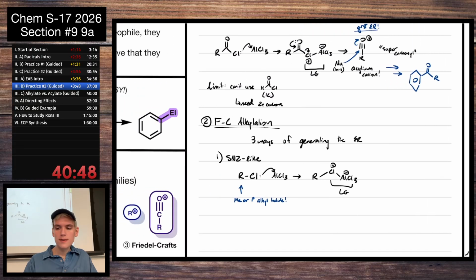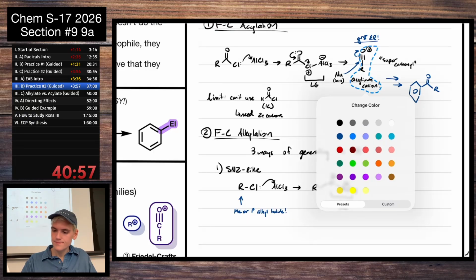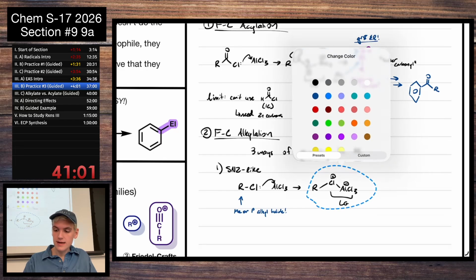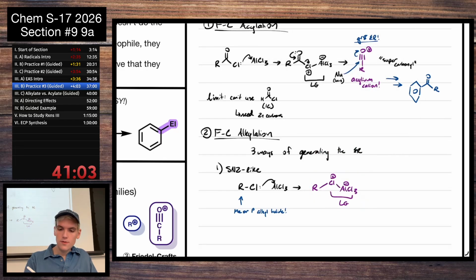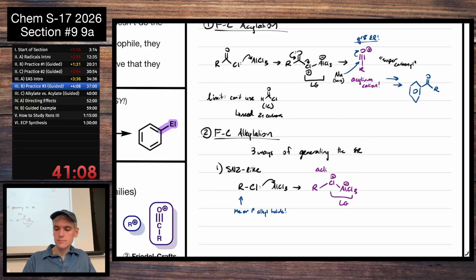So now our really great electrophile, and I'm going to put our great electrophiles for all of these in purple, just to make them consistent here. This is our really great electrophile if we're doing an SN2-like. So this is just a more activated alkyl halide.